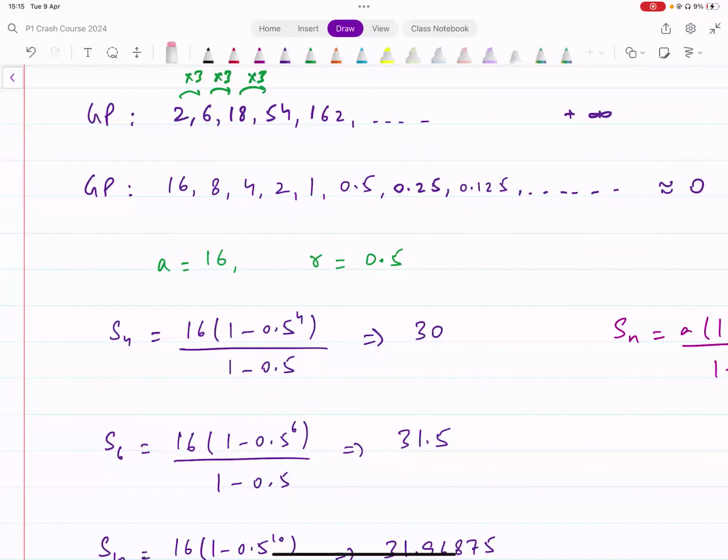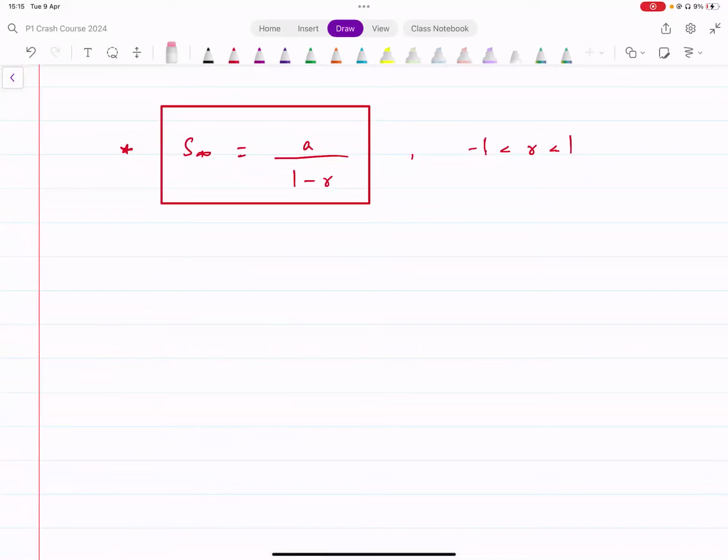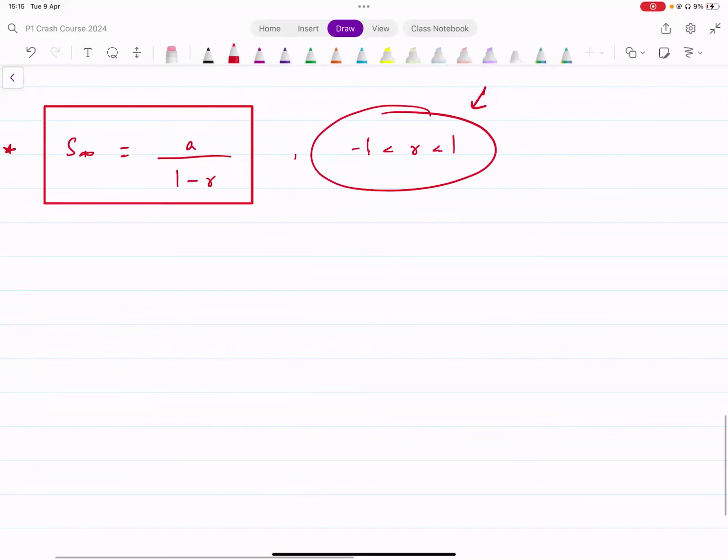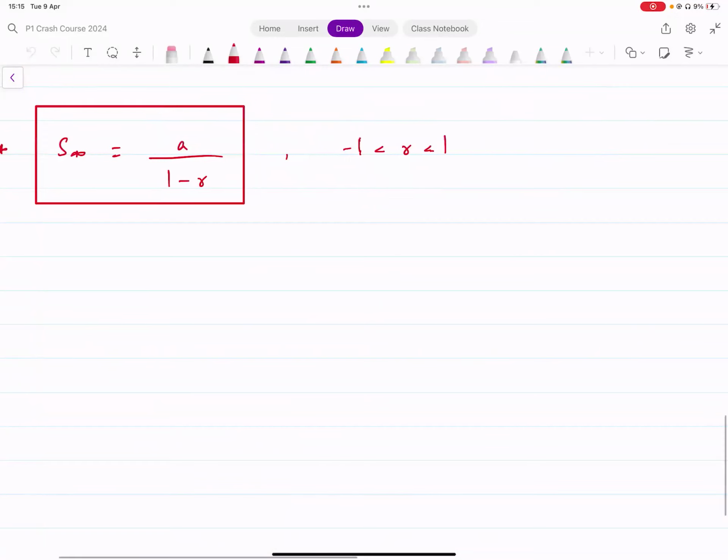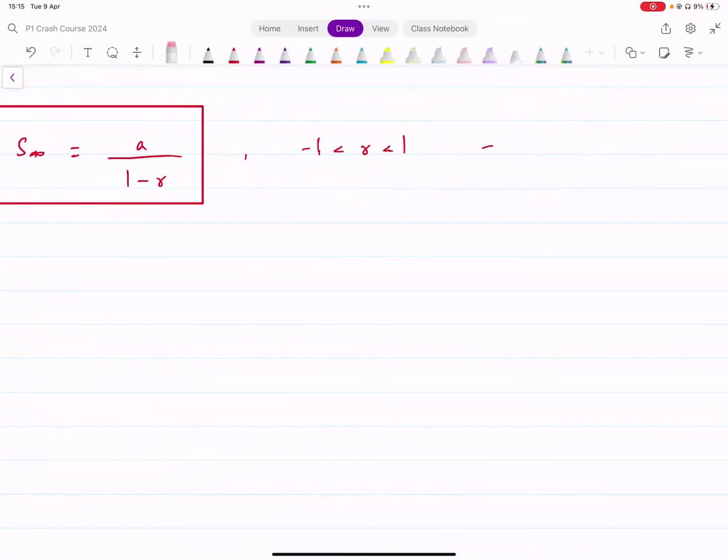But now what you actually need to use in the exam is this formula. This is given in the formula sheet. The formula can only be used when r is between -1 and 1. The formula sheet writes the same condition as modulus of r is less than 1. That's the same thing as r being between -1 and 1.